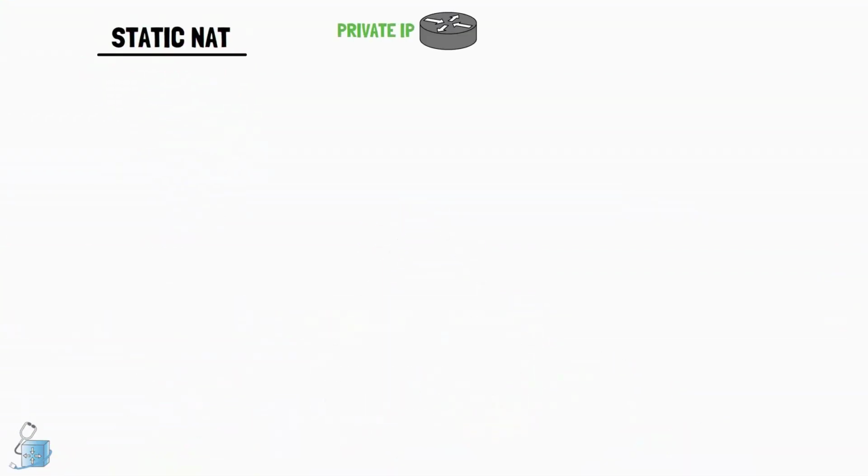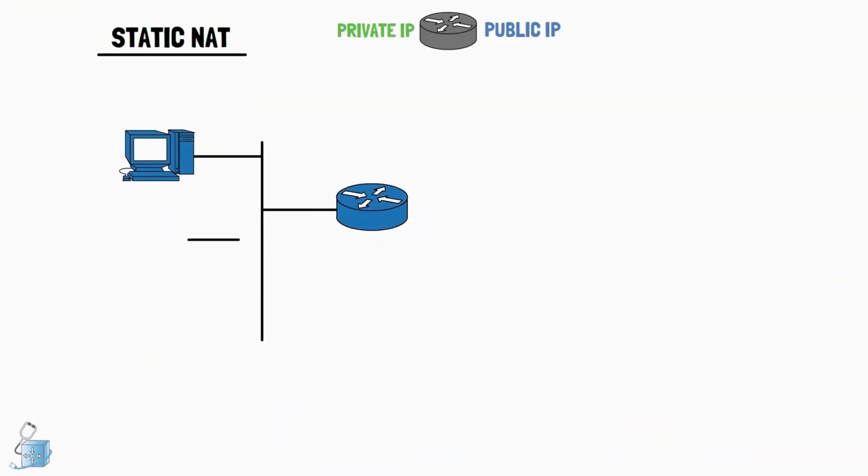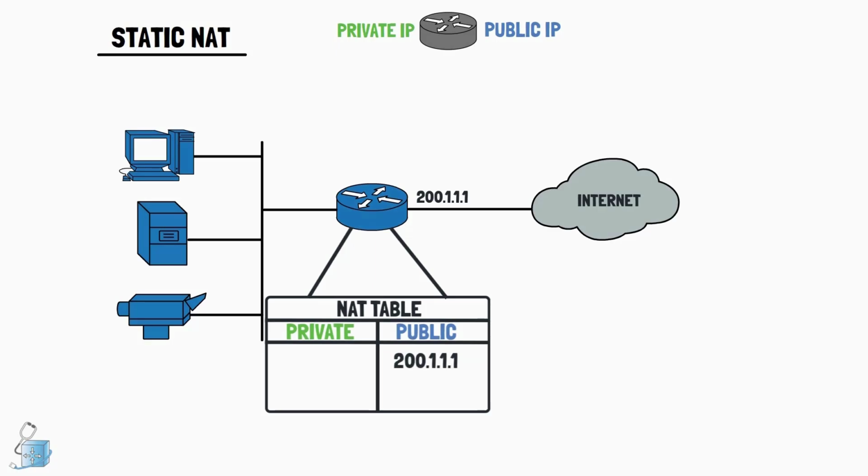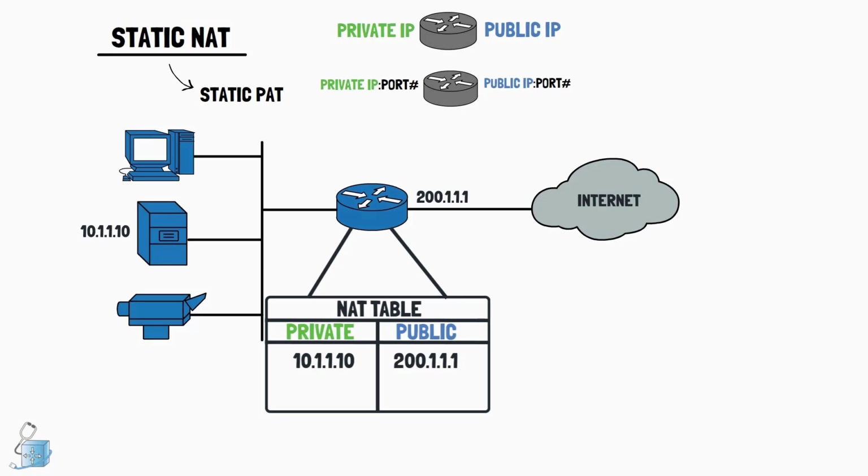The next type of NAT you will see commonly is static NAT. This type of NAT is mapped one-to-one, meaning one single public IP with all of its IP protocol numbers, TCP and UDP included, will be mapped to one single private IP address. Static PAT is the better and more scalable version of static NAT as it maps port numbers alongside IP addresses for one-to-one mappings.